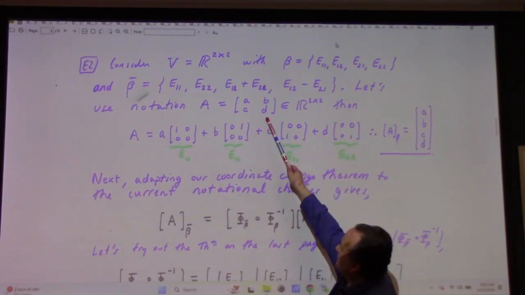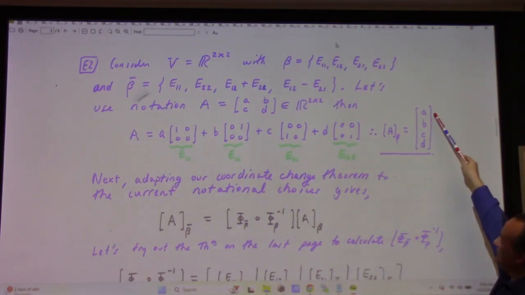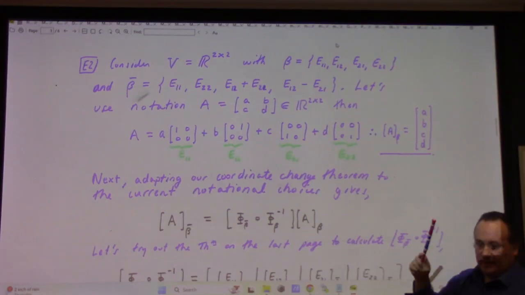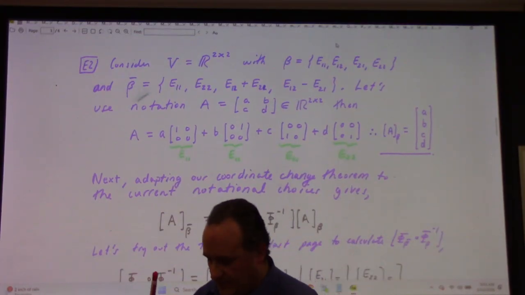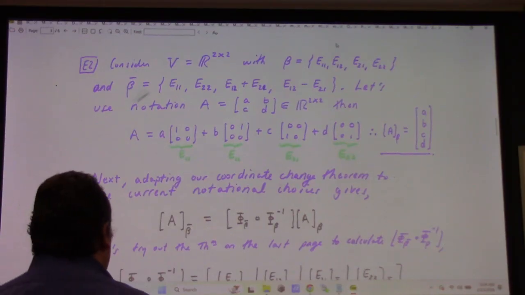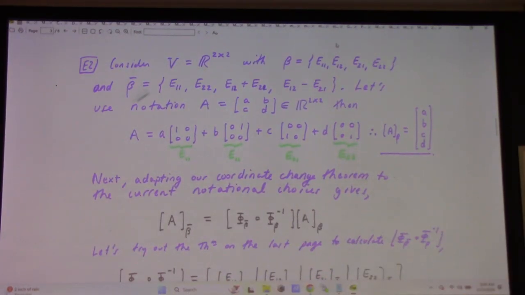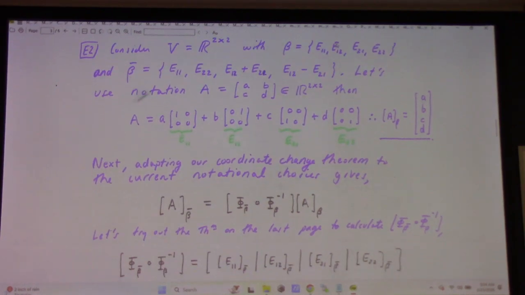If I take the matrix A, I can express it in terms of the usual unit matrix basis with coordinate vector A, B, C, D. But then I can think about what the coordinates of that matrix are with respect to the less standard basis that reflects the symmetric and anti-symmetric subspaces of the 2 by 2 matrices.